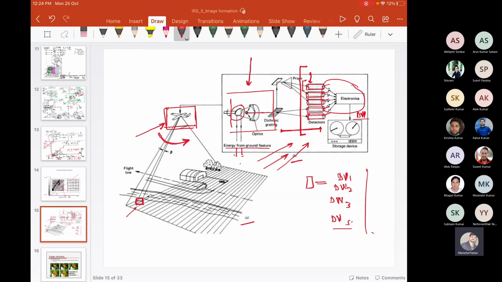In this type of sensing system, as you see over here, there is a rotating mirror. It could be oscillating or rotating. So when you initialize the system, it starts sensing energy from a ground resolution cell. Then after some time, this mirror rotates.